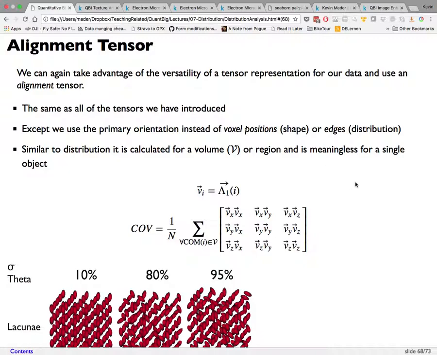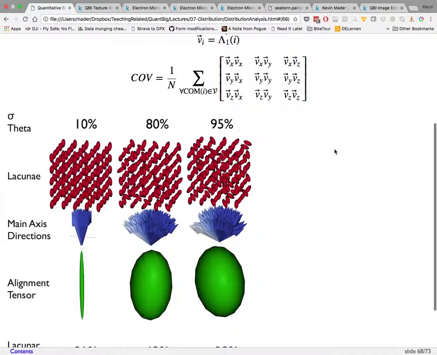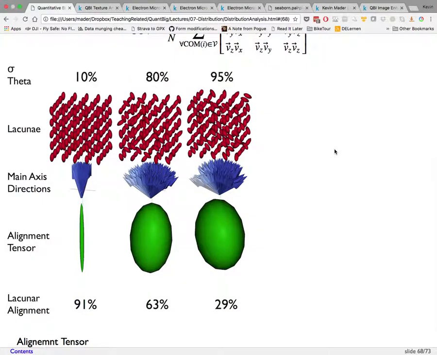Here we can use the same exact tools that we've used for shape analysis and distribution analysis, where we now create an alignment tensor, where we take all of the orientations in X, Y, and Z, and calculate this tensor for them. And just like with the distribution, where we got a tensor that showed if it was more strand-like or more sheet-like or more grid-spaced, we get here a tensor that shows how well-oriented the objects are.